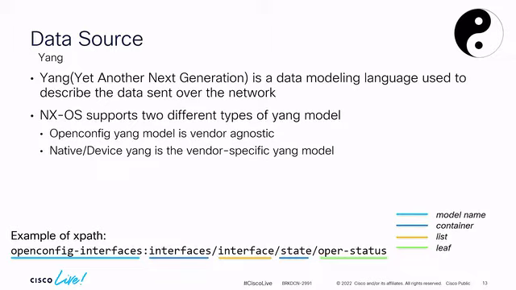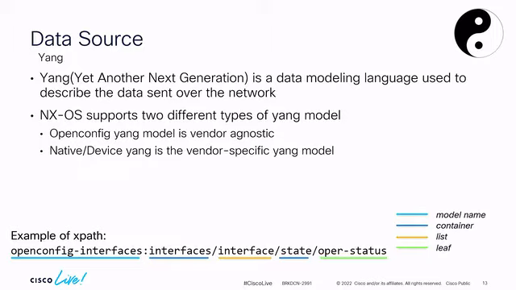YANG itself is just a data modeling language. You can use this language to describe anything. Some customers or some products might use a YANG model to describe their API interface. That also can be done. In NXOS, we support two different types of YANG model, like any other operating system from a different vendor. We support the OpenConfig YANG model.